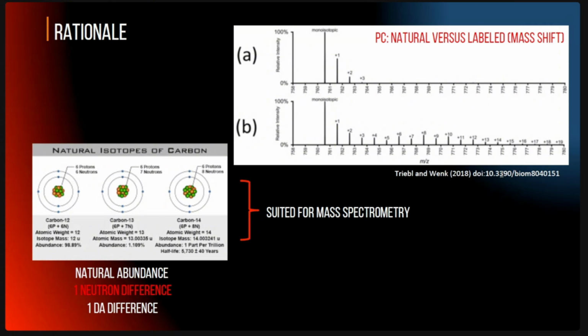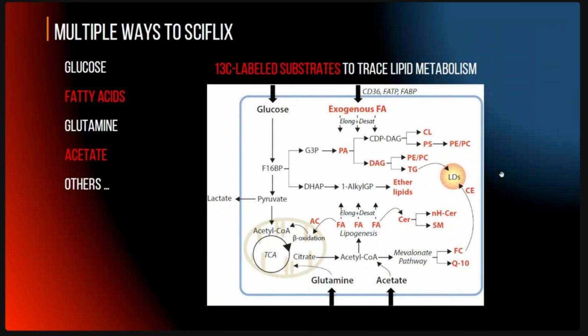So you have the natural isotopic distribution, but when you do a labeling experiment, in this case with uniformly labeled glucose, you start seeing isotopologues with masses maybe 20 Daltons higher than the normal precursor molecule.